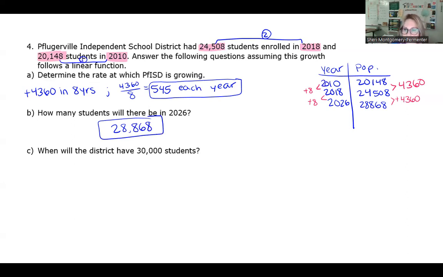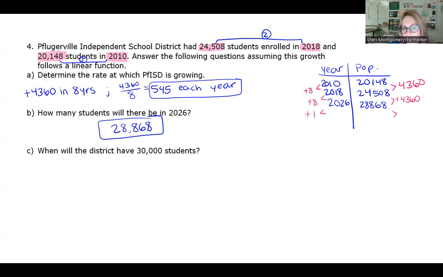So now to get to 30,000. Well, I'm already at 28. If I add another 4,000, I'm going to be well over that. So I'm going to have to start adding per year to get there, I believe. So I can add 1 year.